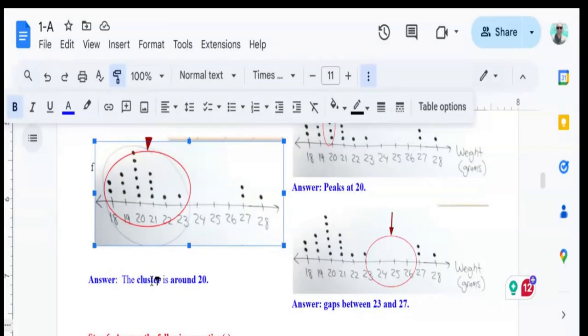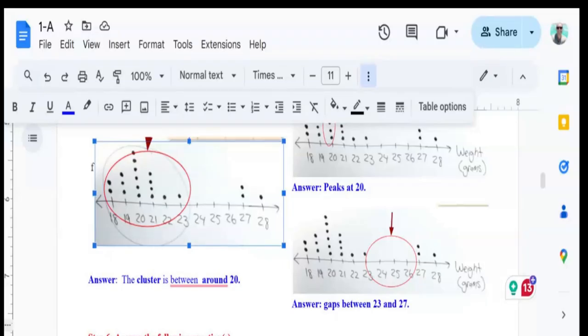The cluster is the highest points. Actually, in fact, I can say the cluster is around. Cluster means they are together, they are coming together. Like for example, if I ask where is the cluster in this class? Here, right?